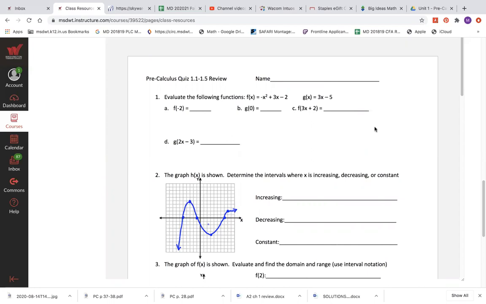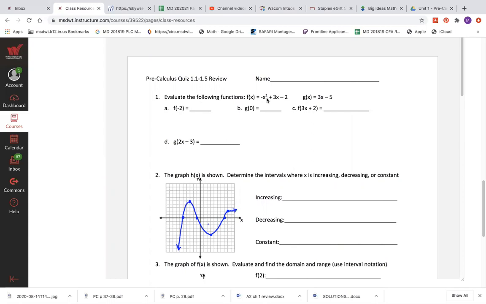So a couple things I want to give you guys a heads up about. Some of the most missed parts of this quiz in the last few years have been C and D. If I ask you to plug something in the f function, pay attention to what's here. We have two functions, an f function and a g function. If I ask you to plug it in the f function, you're literally just plugging x or -2 in where x is.